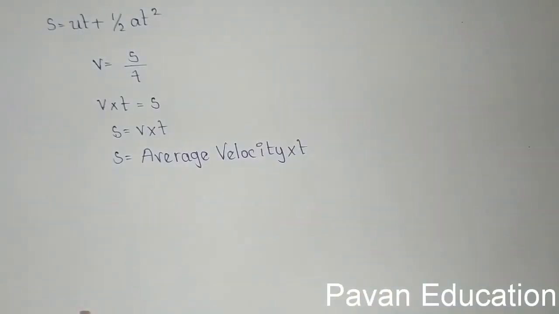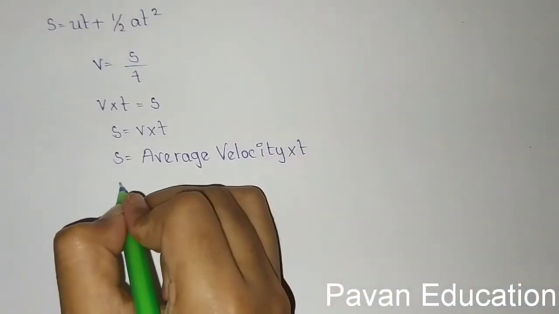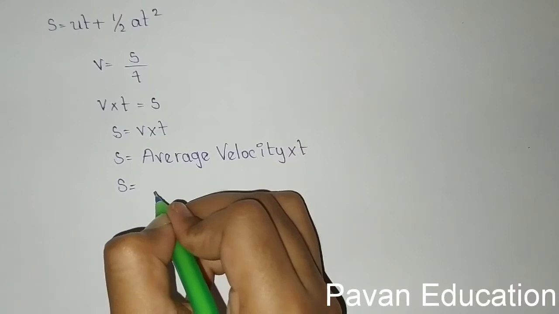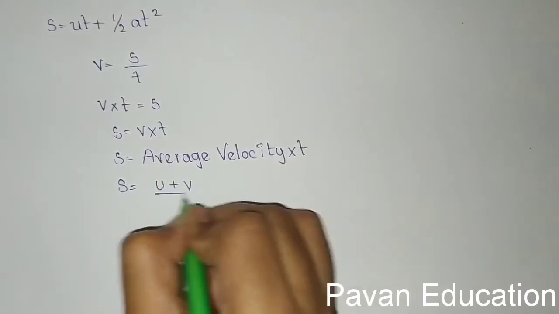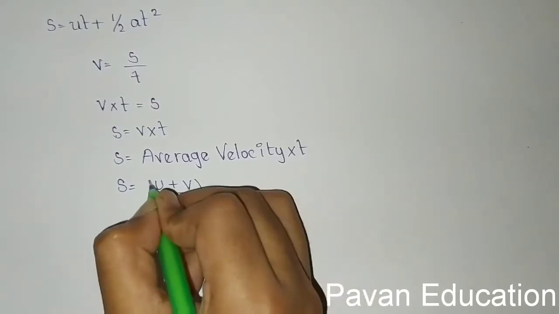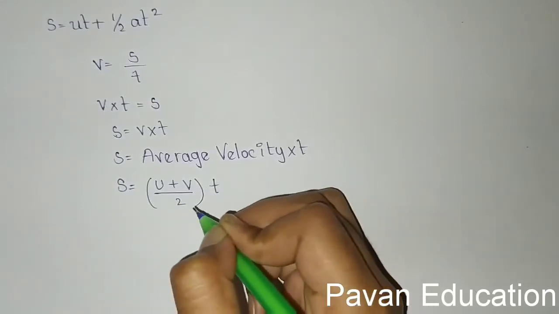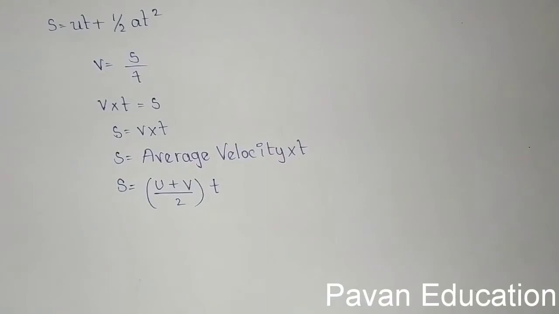What is the formula for average velocity? We know that it is u plus v, where u is initial velocity and v is final velocity, divided by 2. So s equals (u plus v) divided by 2 into time. From the first equation, we know that v equals u plus at.